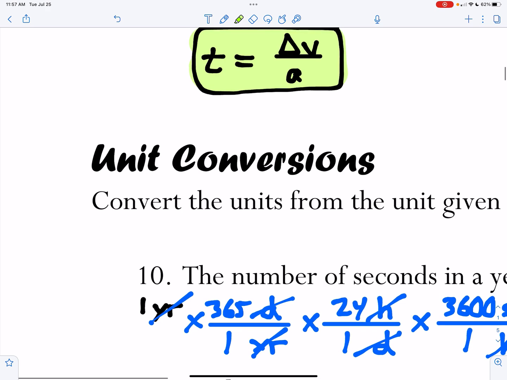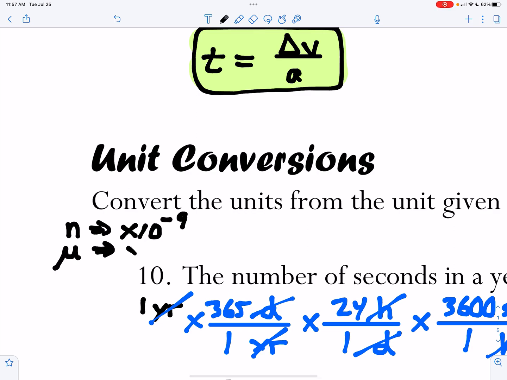So for instance, if you see the prefix nano, nano means times 10 to the negative 9. It means 1/billionth of something. If you see this Greek letter mu, this stands for micro, and that's 1/millionth of something, or times 10 to the negative 6, okay?